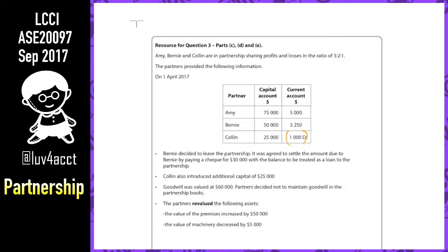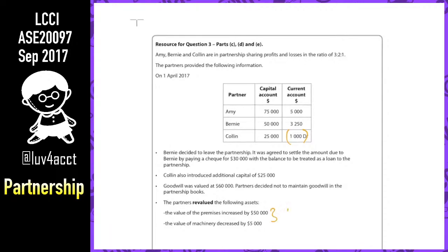The partners revalue the following assets. The value of the premises increased by 50,000 and the value of inventory decreased by 5,000. That is a net increase of 45,000, and it is distributed in a ratio of 3 to 2 to 1.